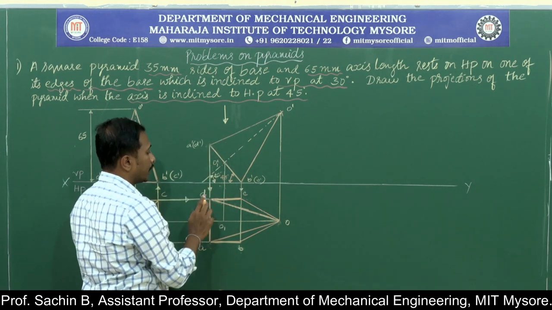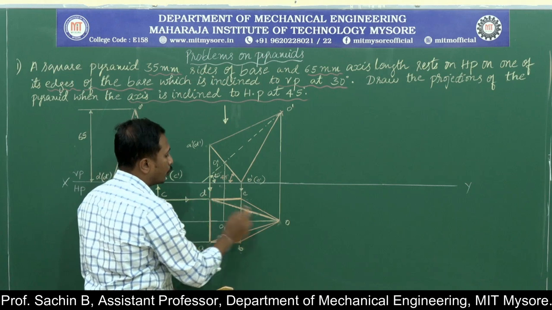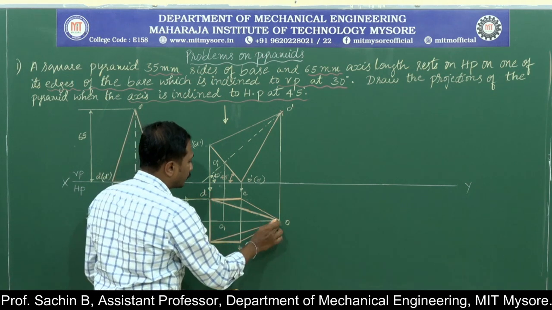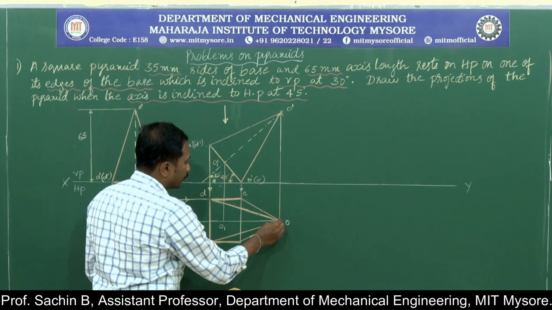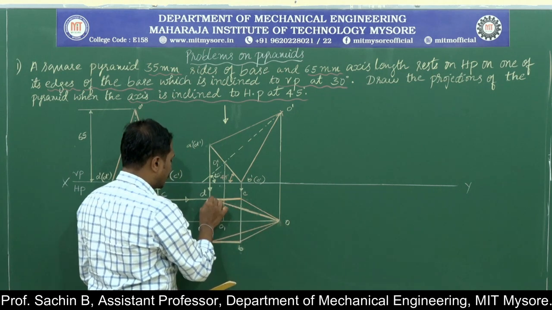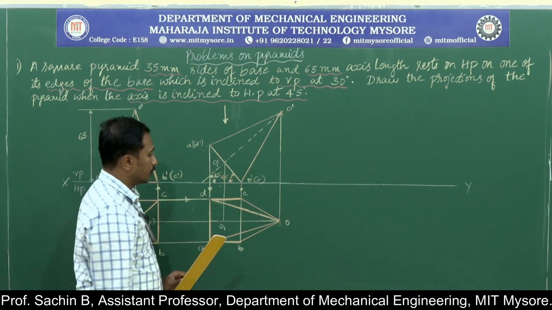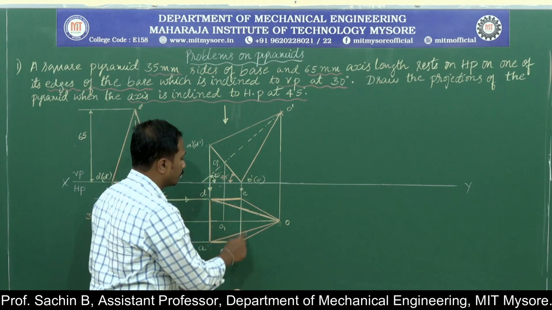I have written A to D. Next, the second condition is that the outermost edges or outermost boundaries are clearly visible. In this case, for me O, C, D, A, B, O will be the outermost edges. Because of that, I have written all the visible edges.